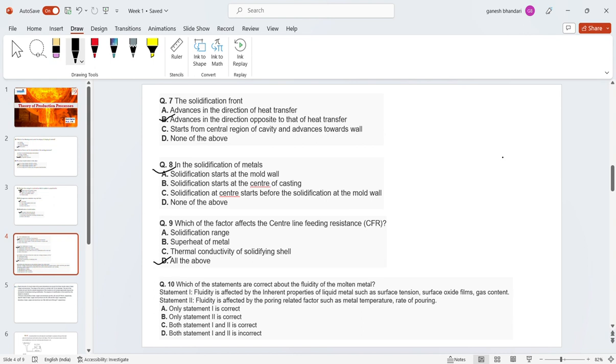Firstly, do you know how fluidity is calculated for a particular material? Suppose I am talking about powders, as we talked previously about powder metallurgy.